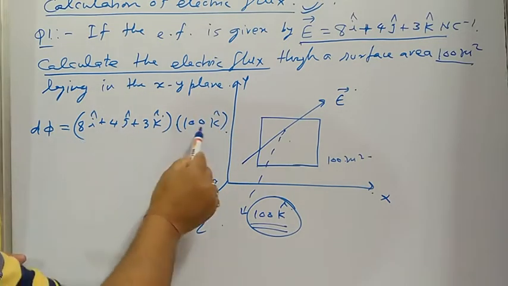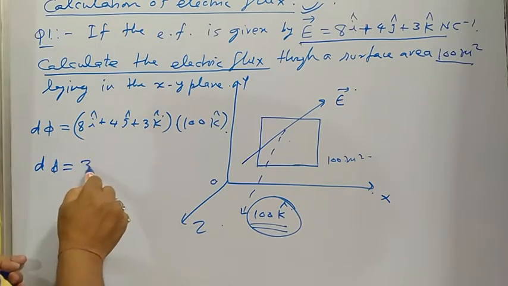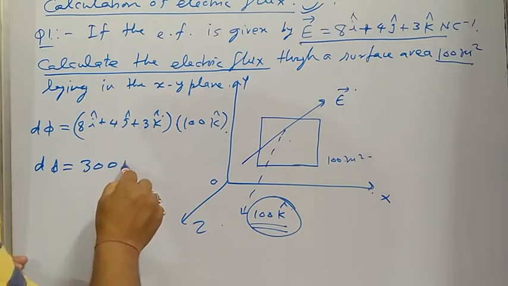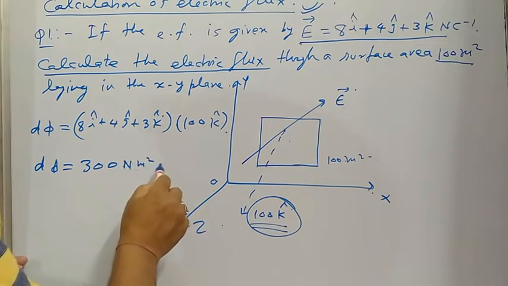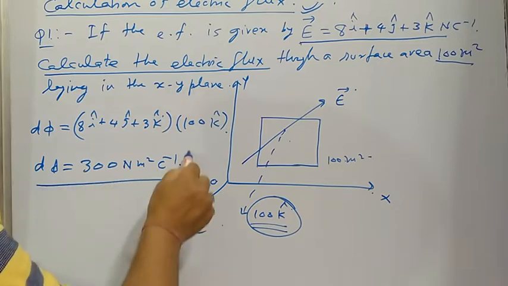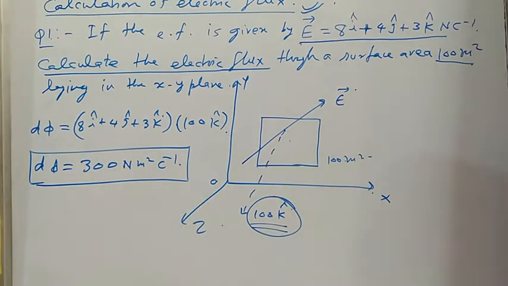The dot product of these two vectors is simply going to be 300 Newton meter square Coulomb inverse. So this is the flux associated with the surface in this question.